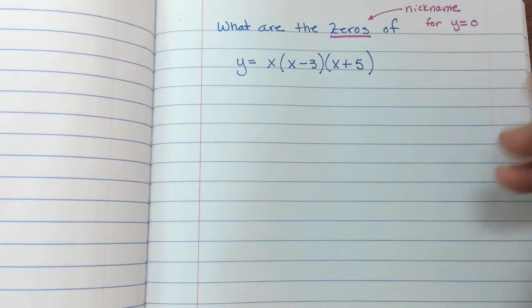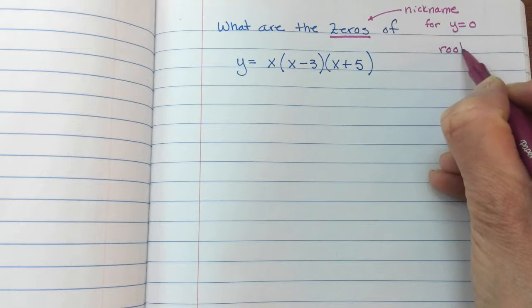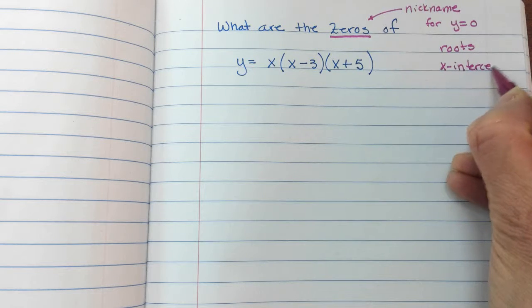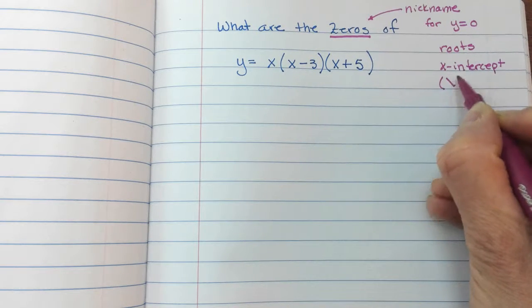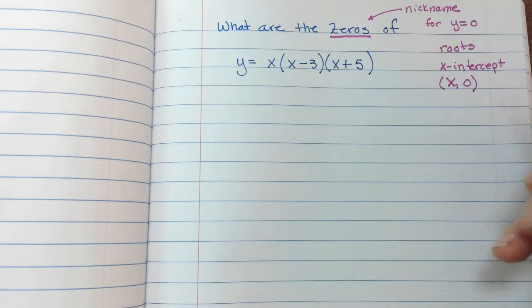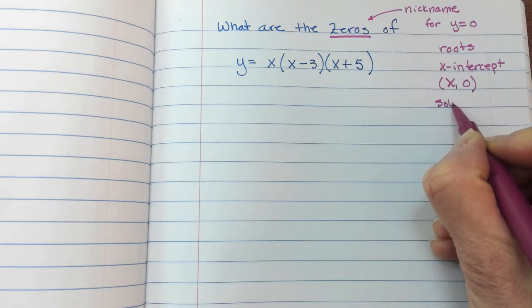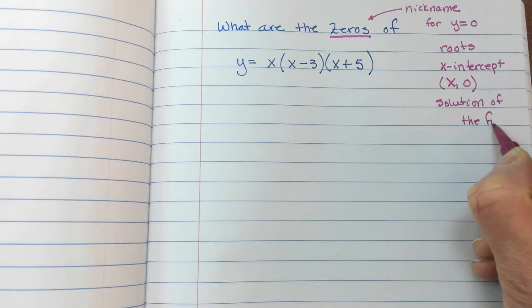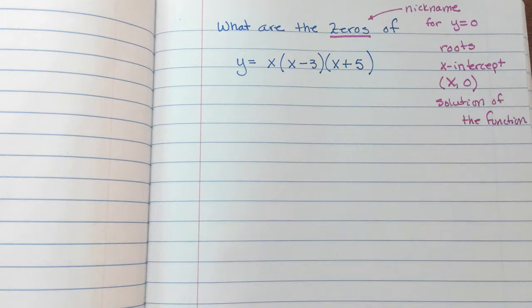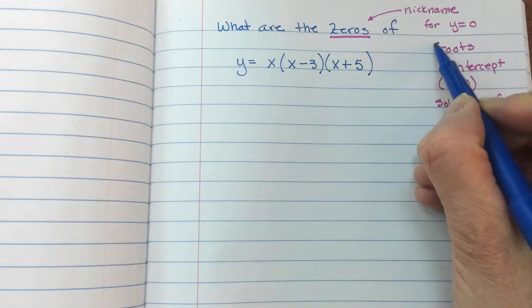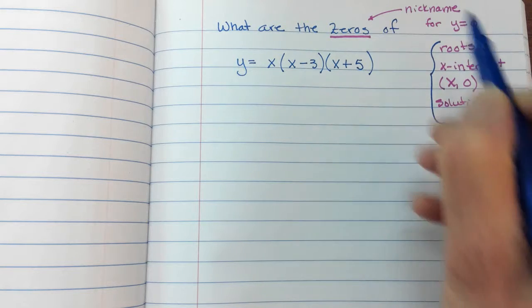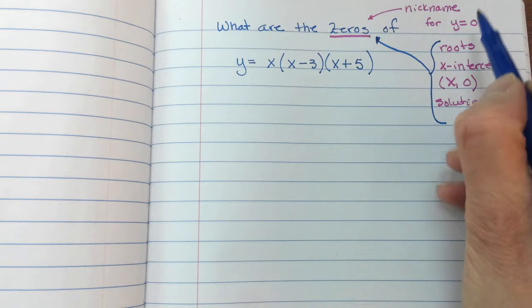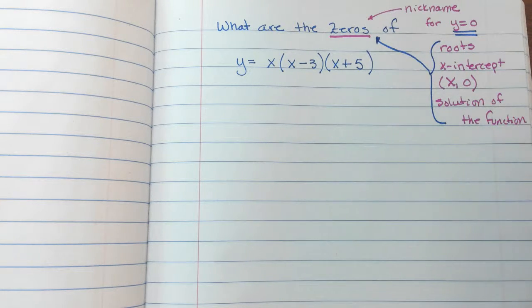Some other words that mean zeros are roots, x-intercept (the x-intercept is where y is 0), and also the solution of the function. So all these things mean the same thing as zeros, okay? But the most critical idea is where y equals 0.